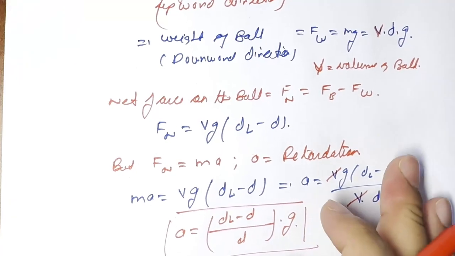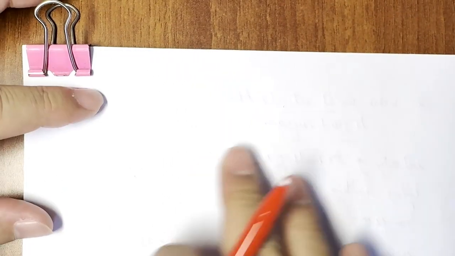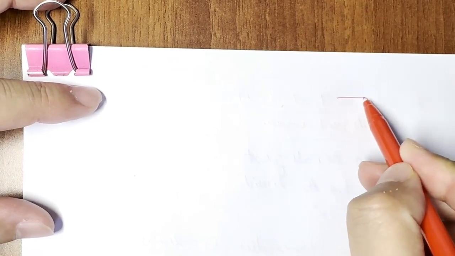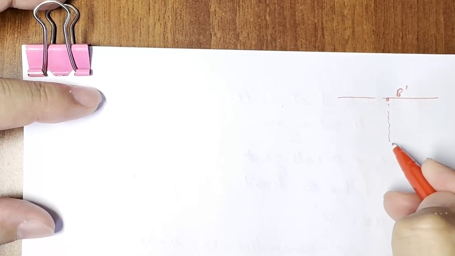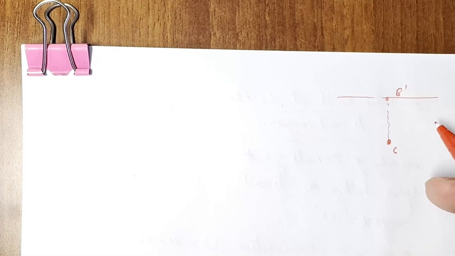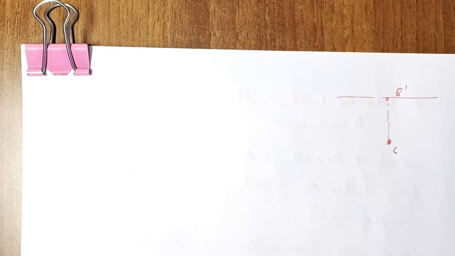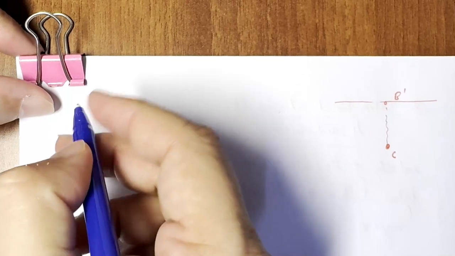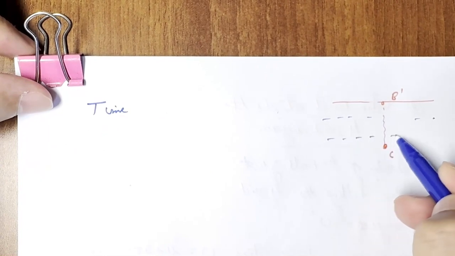This is our retardation. Now we find out the time taken by the ball inside the liquid to reach point C. This was our point B prime, the ball is retarding, and this is the final point C. Bear in mind this is the liquid.